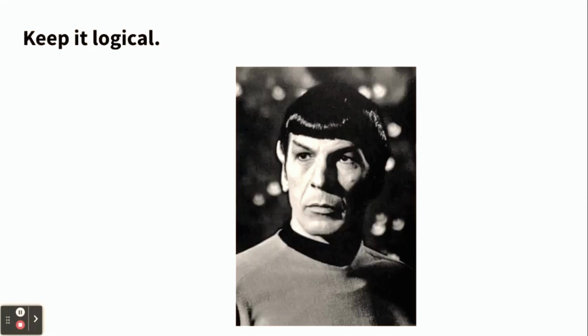The next part of revision is to keep it logical. And Spock here is reminding me to keep your writing logical. Sometimes when we write what's called stream of consciousness, and it's just all over the place as far as things go. And it may make sense to us at the time that we're writing that, but remember, you're going to have a scorer who does not know you.